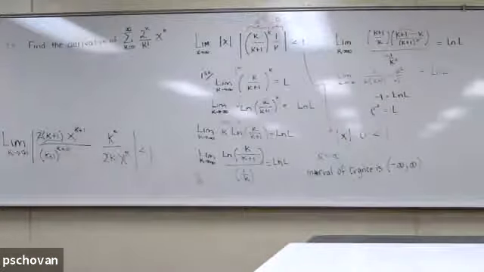So x is the independent variable. Everything else belongs to the counter.